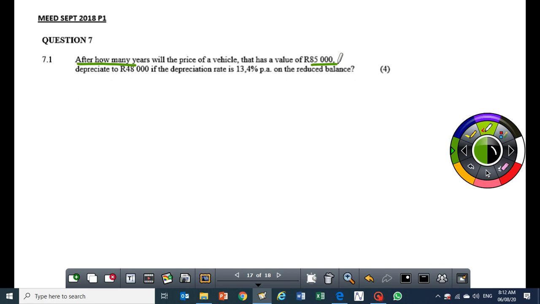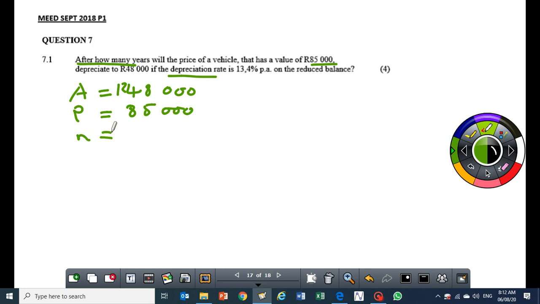Now it's very important for this question to know which formula to use. Your A, remember, is the future value. It's less because there's depreciation here. It means it's going to be less than the value of the car. So your A is going to be 48,000, and your P is going to be 85,000.